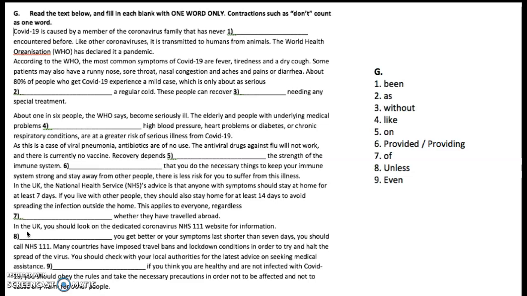Number 1, present perfect passive. 2, comparatives with as plus adjective plus as. 3, prepositions and particles. 4, like as a preposition meaning similar to. 5, collocational vocabulary. 6, alternatives to if. 7, collocational vocabulary. 8, alternatives to if. 9, conjunctions and linking words.